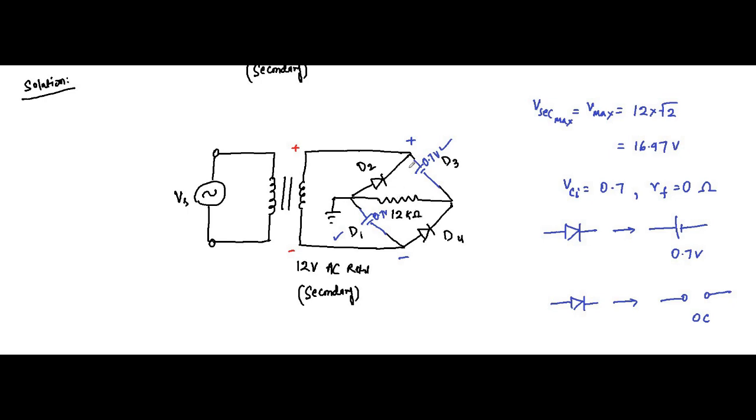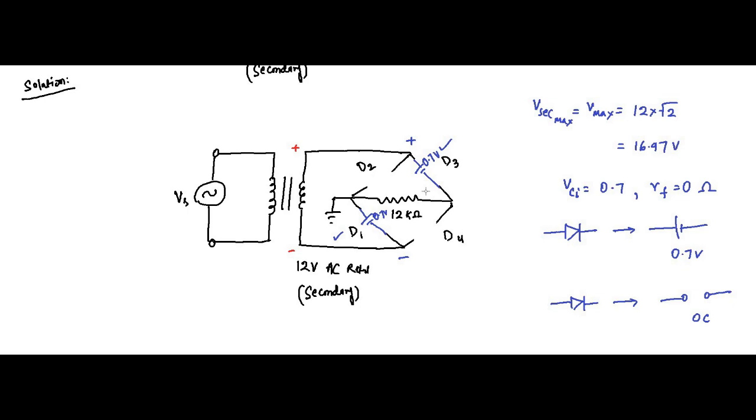Now D2 and D4: plus is connected to the N end, minus is connected to the P end, so this will be off, it will be open circuited. And D4, minus is connected to P, plus is connected to N, this will also be open circuited.